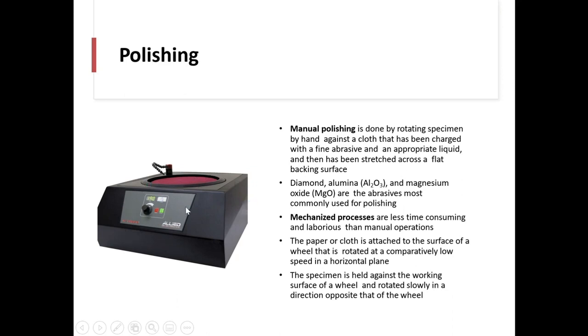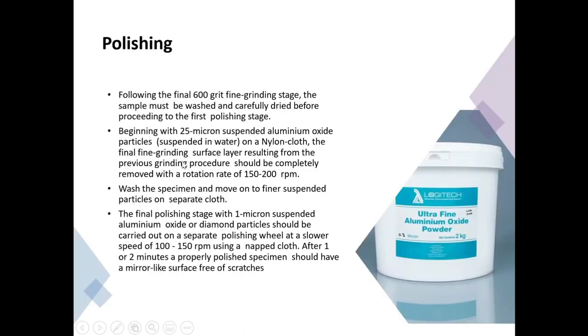So this is a mechanized process where you can control the speed of this disc by using this knob. The material used for this disc is a velvet material, and coolant can be used in order to reduce the heat generated during the polishing. Over this cloth we can add diamond or aluminum or magnesium oxide as an abrasive material.